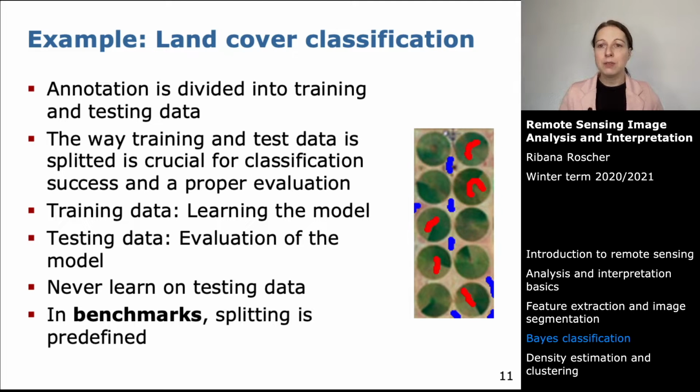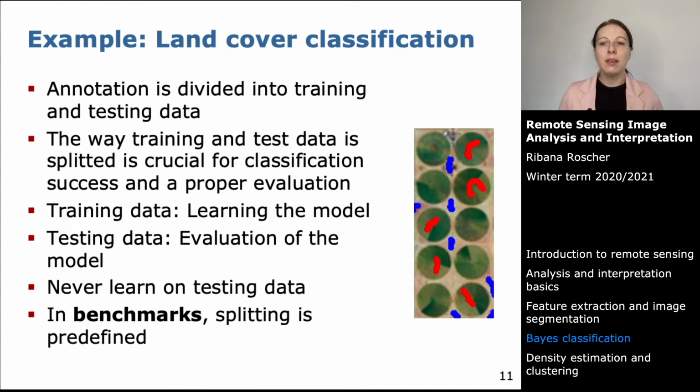So be careful with the splitting. And also a rule is to never learn on the testing data. So once you have split it into training and testing data, just take the testing data and put it away. And just pretend it's not there. And everything you do for learning the model is done with the training data.